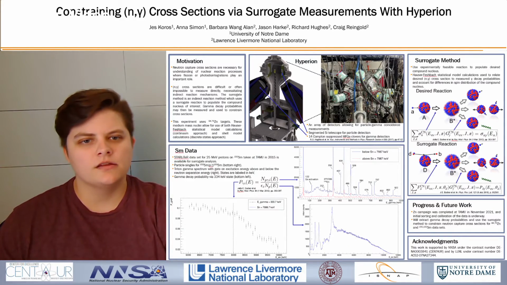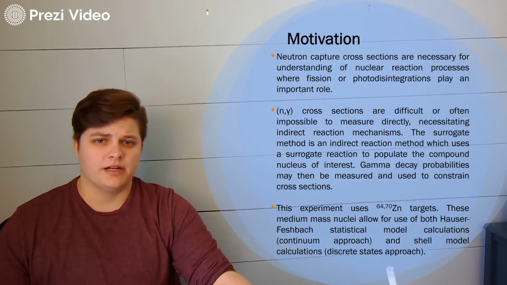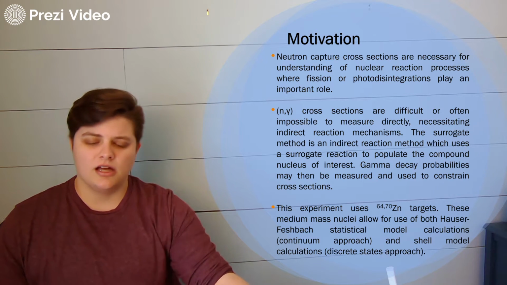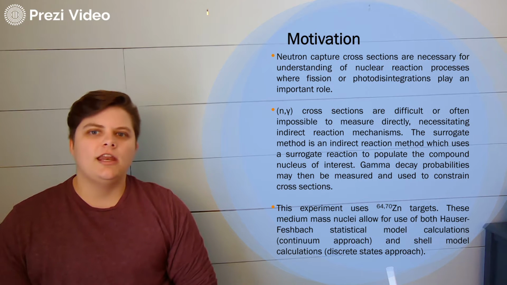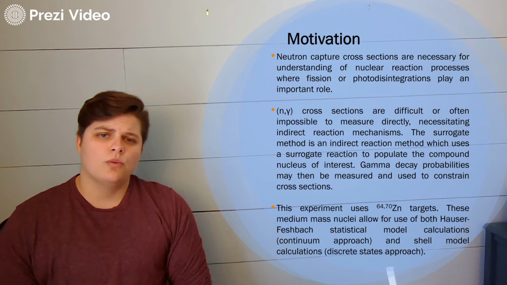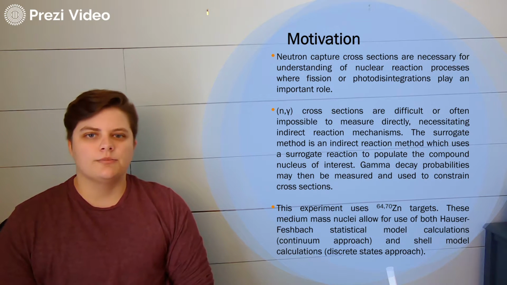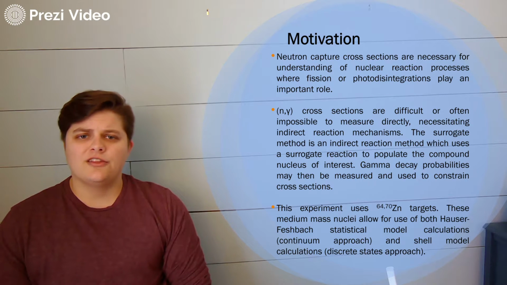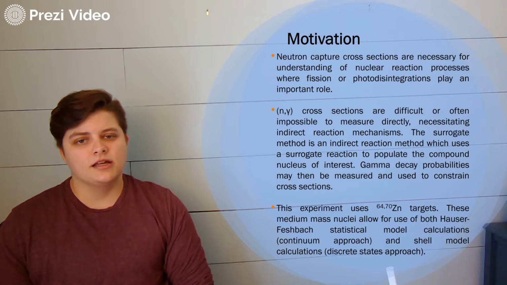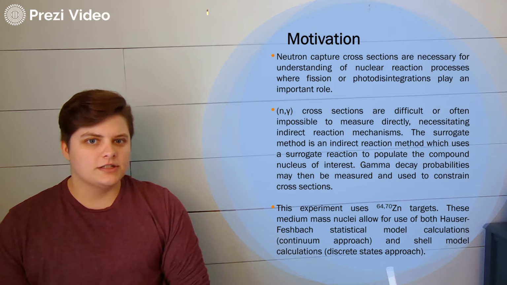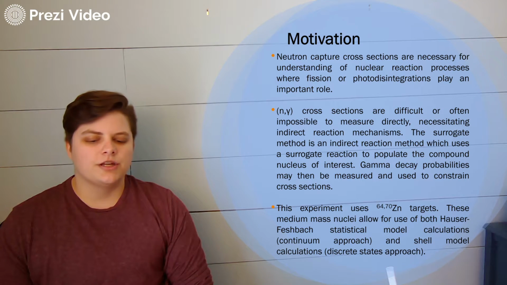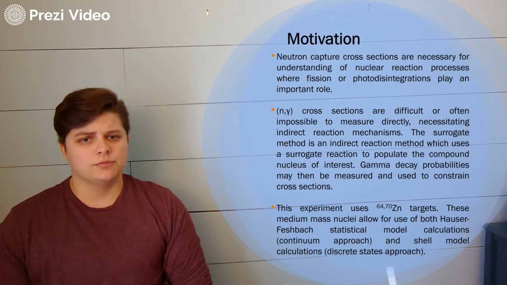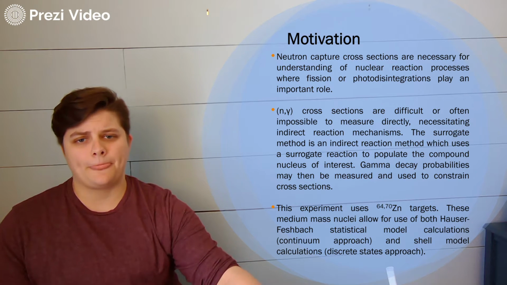So first, let's take a look at the motivation behind this project. We're interested in neutron capture cross-sections because these are important for understanding any nuclear reaction process where photodisintegrations or neutron captures play an important role. And we use the surrogate method and other indirect reaction methods in situations where, for some reason, the reaction that we're interested in is not accessible to perform in the laboratory.